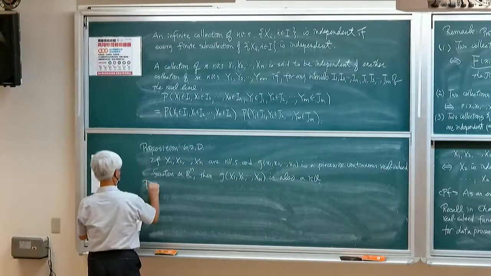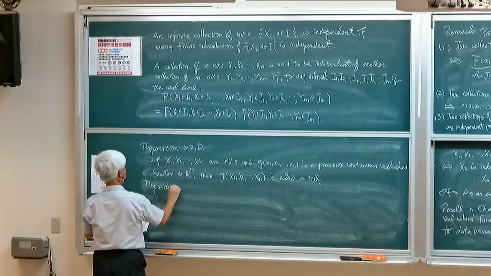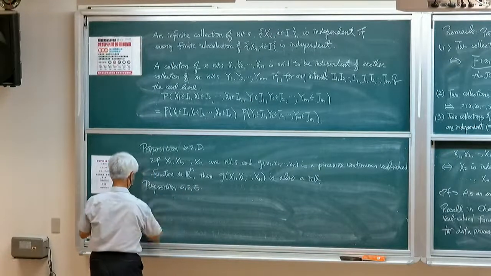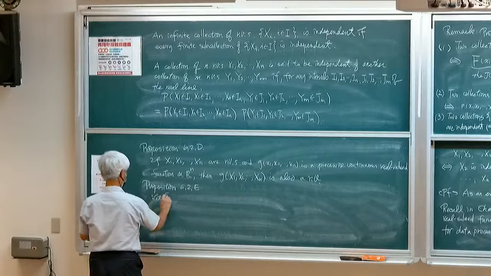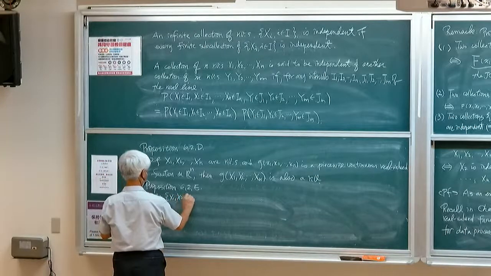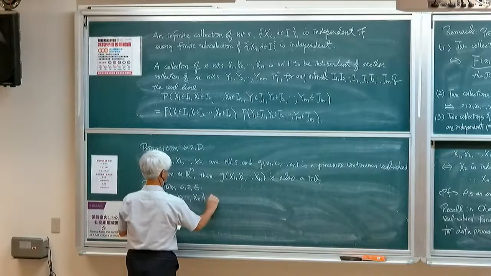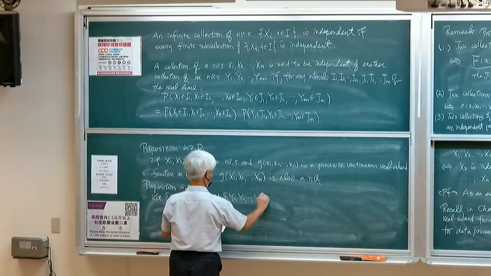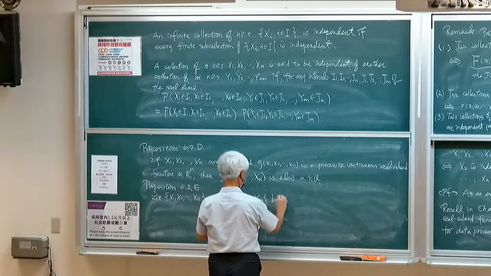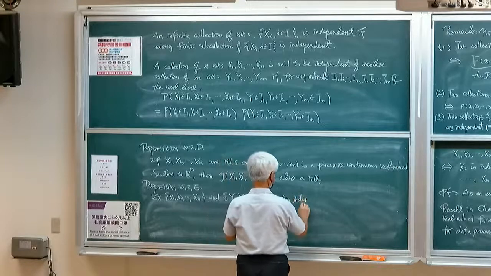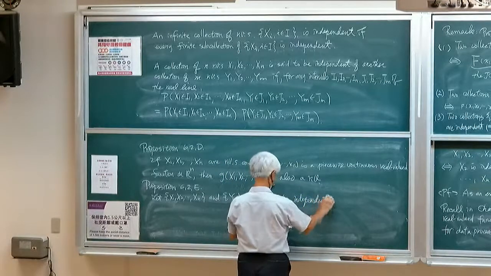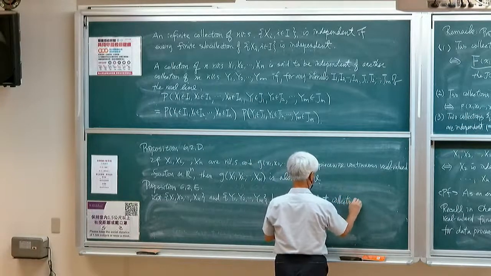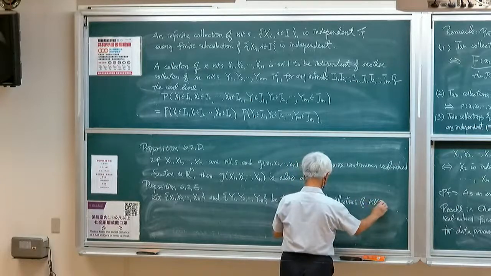And the last proposition, 6.2.e. Let X1, X2, up to Xn, and Y1, Y2, up to Ym be two independent collections of random variables.